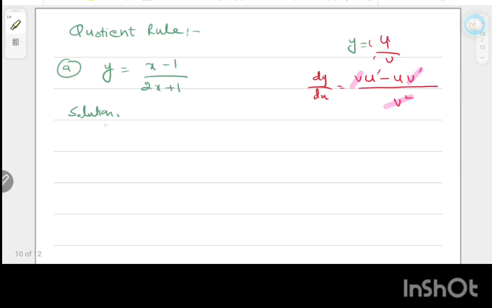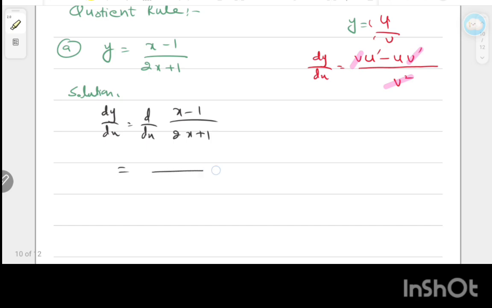Now we take the derivative on both sides: on the left-hand side dy/dx, and on the right-hand side d/dx of (x - 1)/(2x + 1). First of all, the v term we have to write here is (2x + 1) squared. That's the first step, and the last term is also 2x + 1.